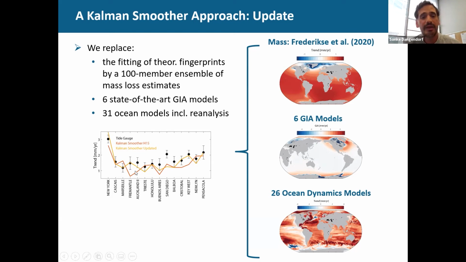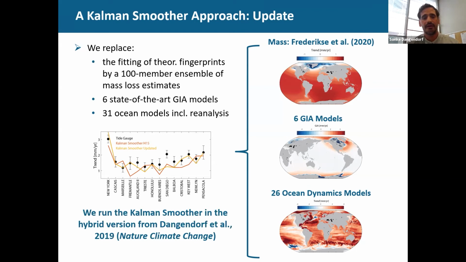We can now explain most of the tide gauge trends with the Kalman Smoother, meaning that the inclusion of the barystatic mass changes is indeed a very big improvement. But we will look into the details on the following slides. I have to mention, without going into the details, that we run the Kalman Smoother in a hybrid version, which also takes into account some spatial information from satellite altimetry.